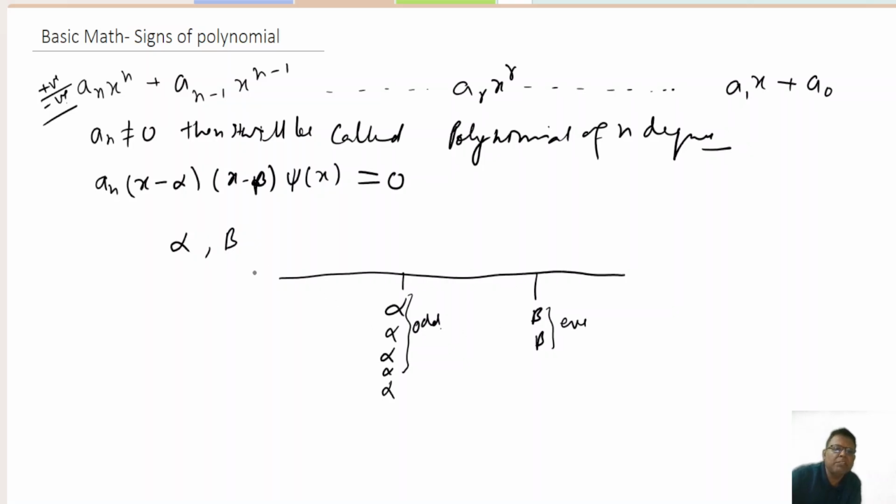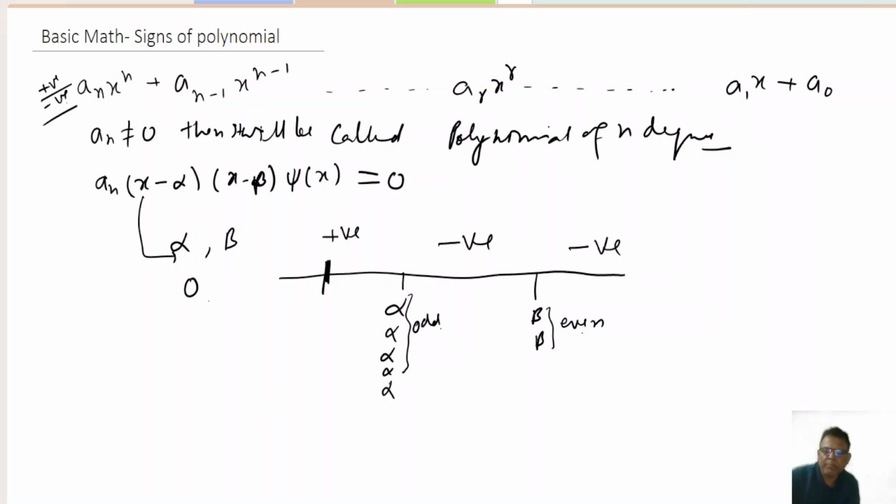Then you take any test value of x, suppose 0, and if 0 lies between them and the value is positive, then across an odd root it becomes negative, and across an even root it remains the same sign.